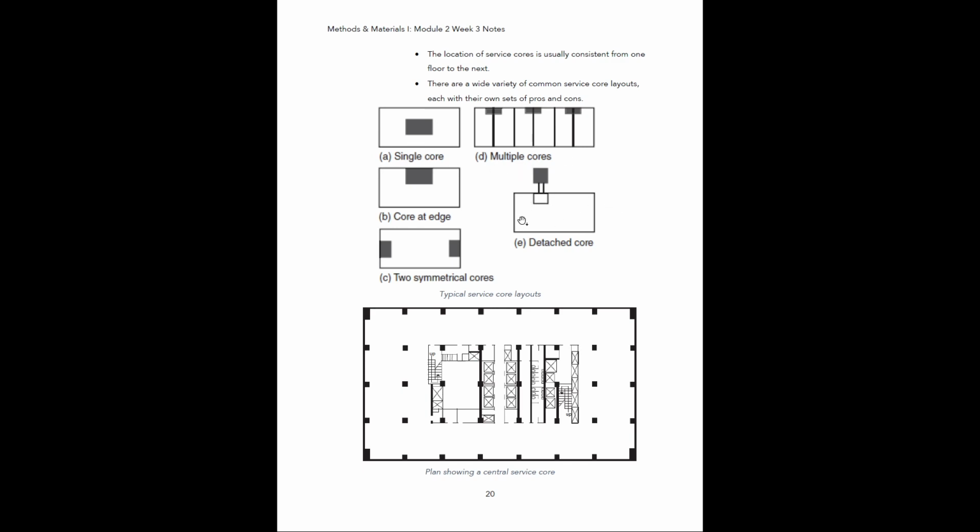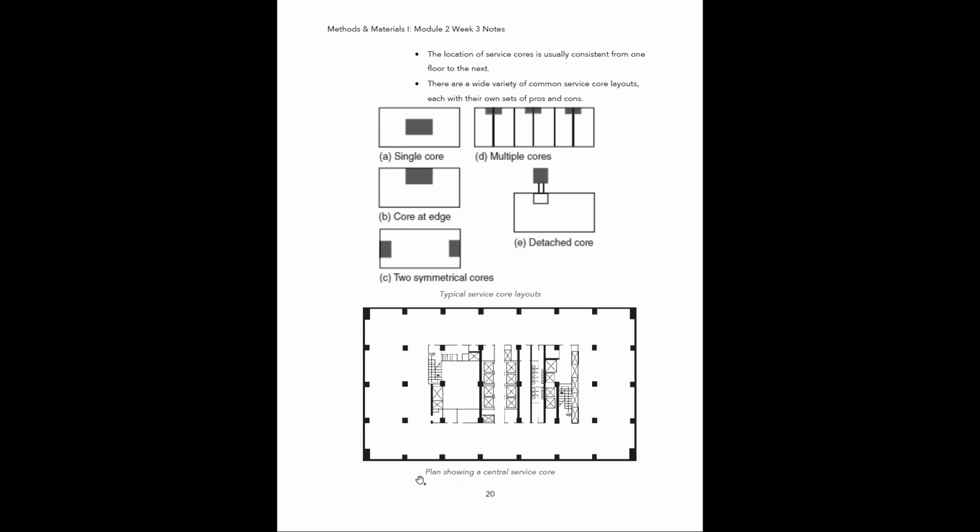The downside to this one is the service runs can be pretty long sometimes, but on the upside, you save a lot of the interior space of the building because you don't have all that mechanical equipment taking up all that space. So it really just depends on the project what type of service core will be used.